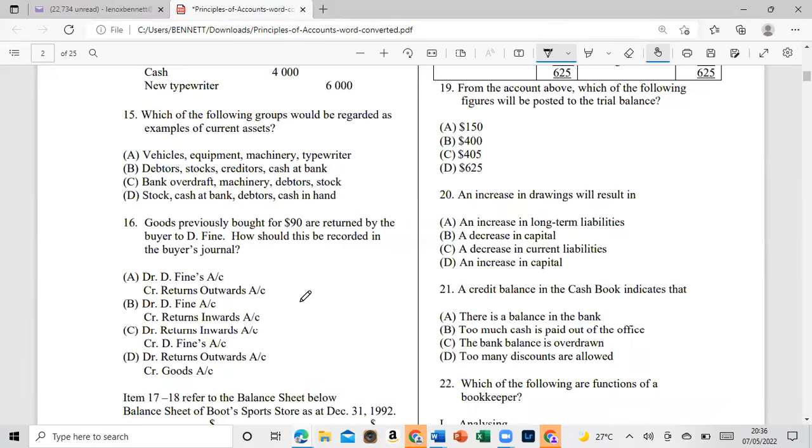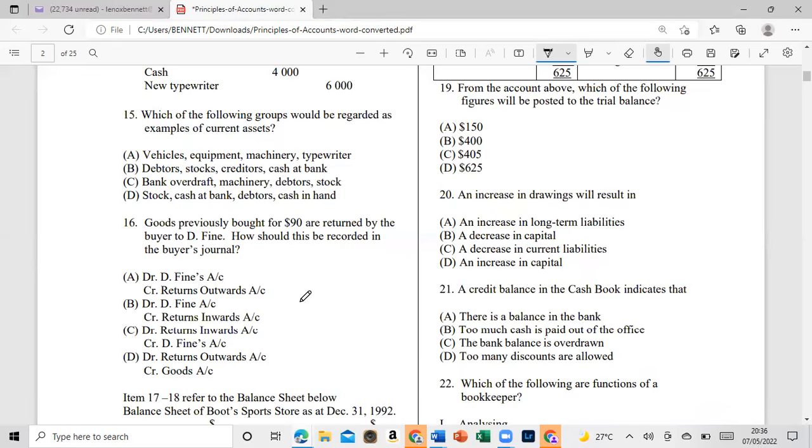All right. Which of the following groups would be regarded as an example of current assets? Is it A, vehicles, equipment, machinery, typewriter? B, debtors, stock, creditors, cash at the bank. Everybody wants that. Or creditors.